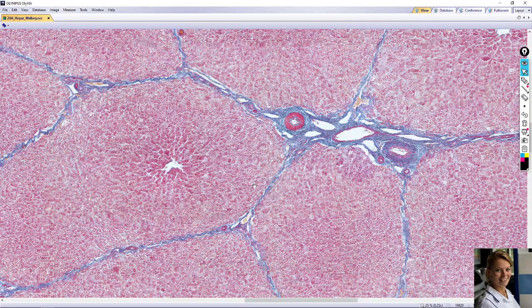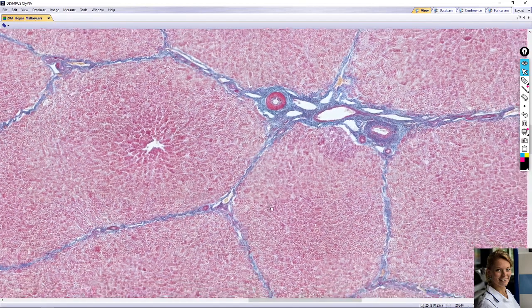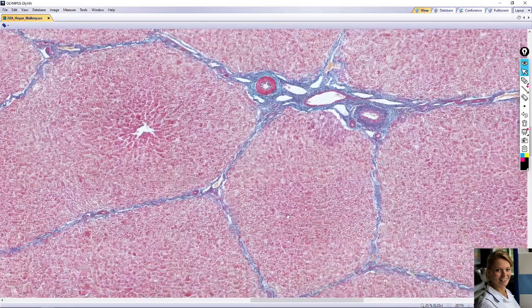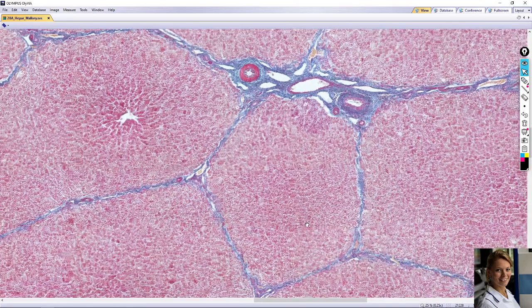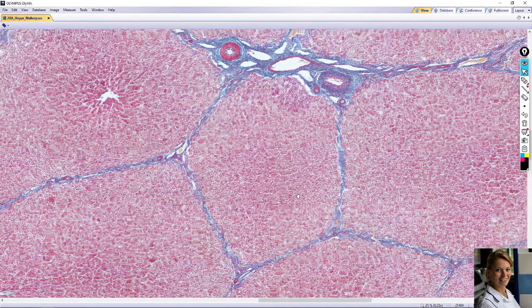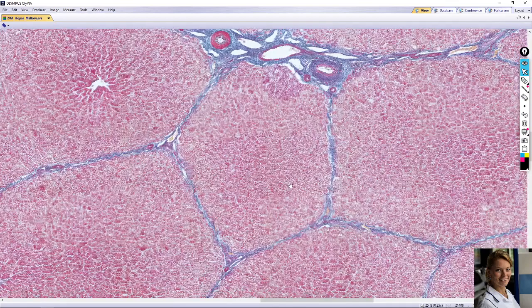The hepatic sinusoids are separated from the underlying hepatocytes by a subendothelial perisinusoidal space, also called the space of Disse. Located in this space are the microvilli of hepatocytes and strands of reticular fibers. Unfortunately, reticular fibers are not visible in this staining method.